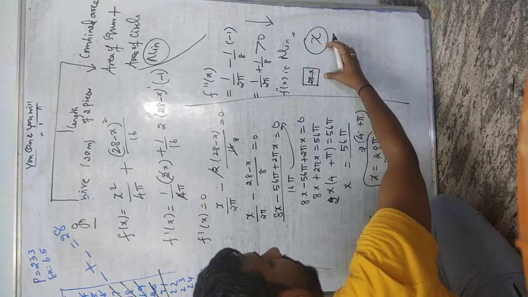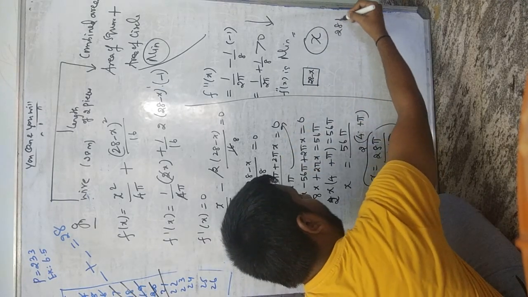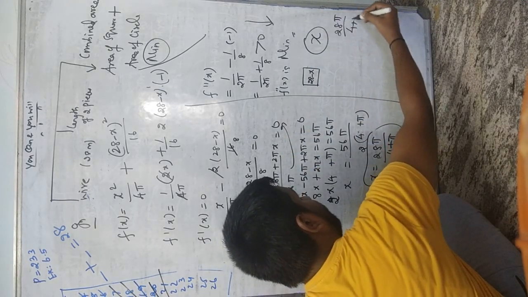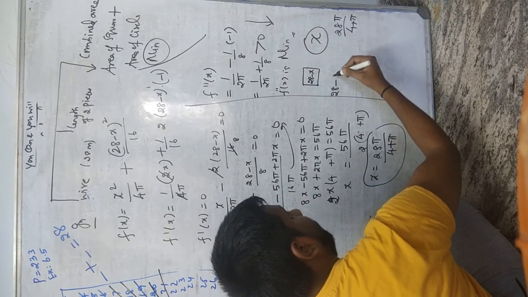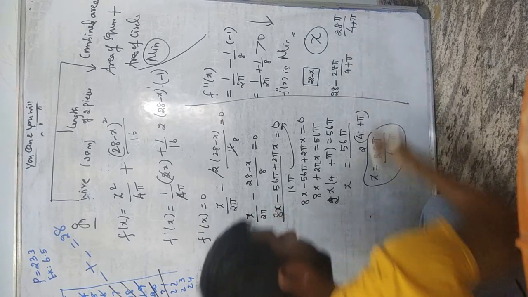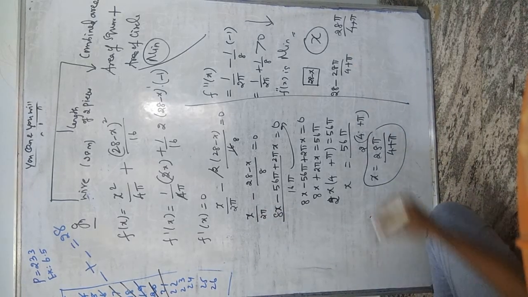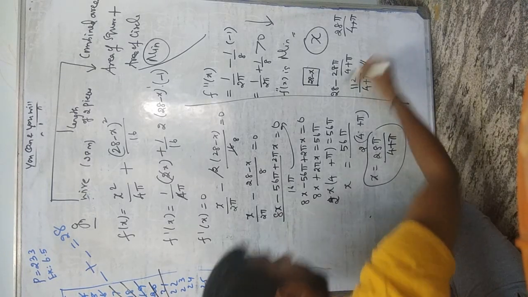If you add these two, you get 28, the length of the wire. So one is x, that is 28 pi upon 4 plus pi, and the square is 28 minus x, which gives the final value 112 upon 4 plus pi. These are your dimensions.